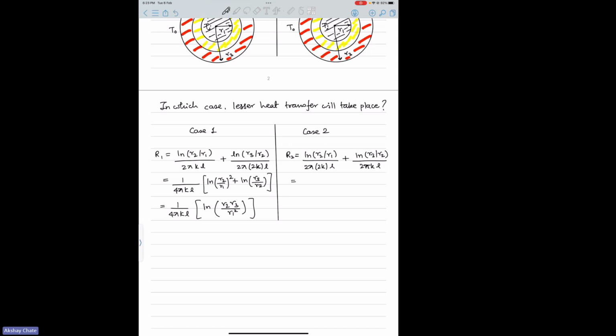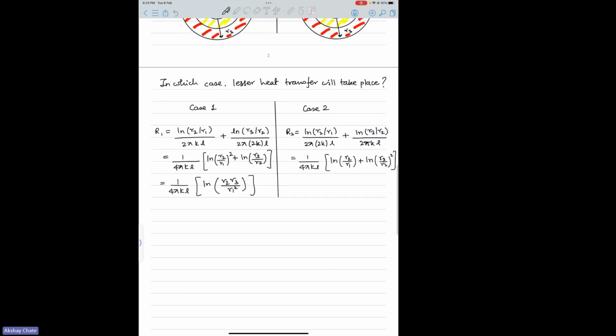Again, with the same manipulation you will get 1 by 4 pi k L. The first term will remain as it is, because here you are multiplying the second term by 2, so the second term will have a square now. This will be (R3 by R2) squared. And if you further simplify, you will get 4 pi k L, and in this case, ln R3 squared divided by R1 R2.